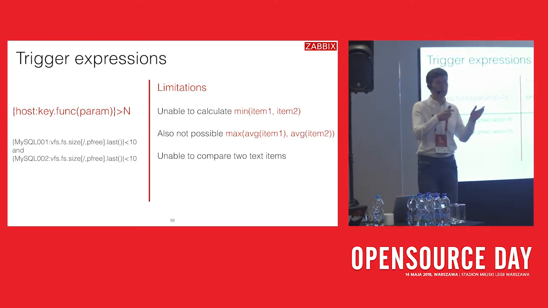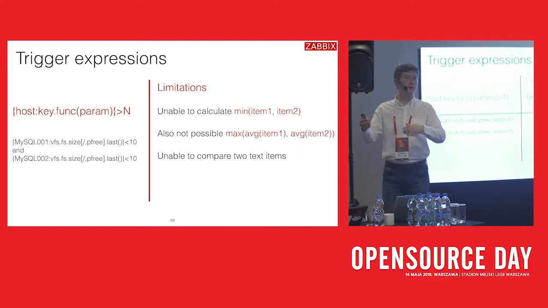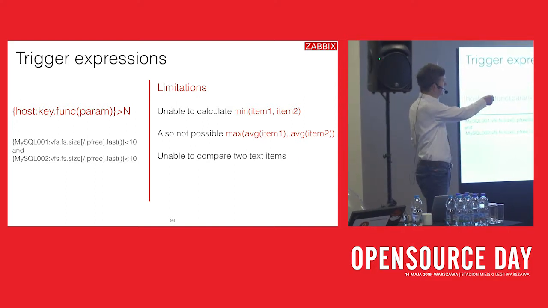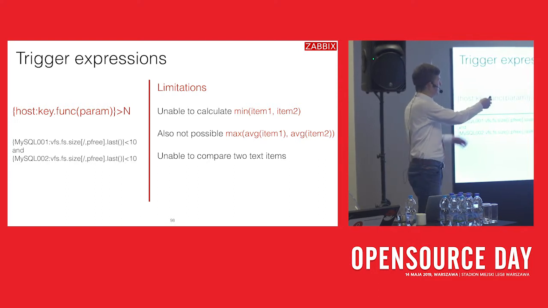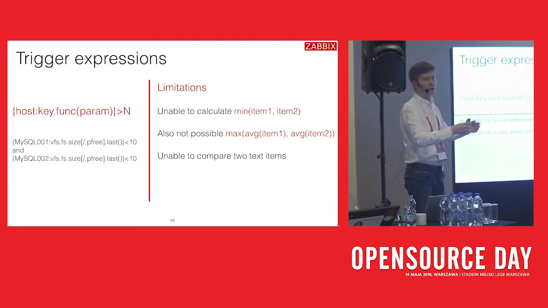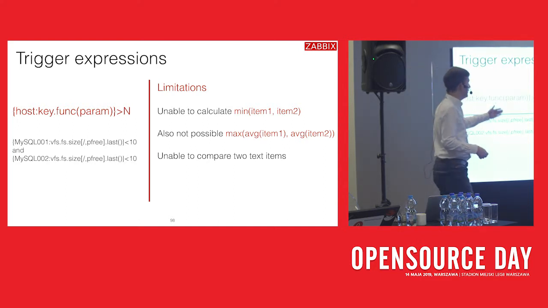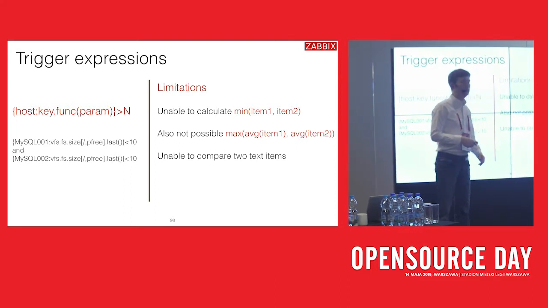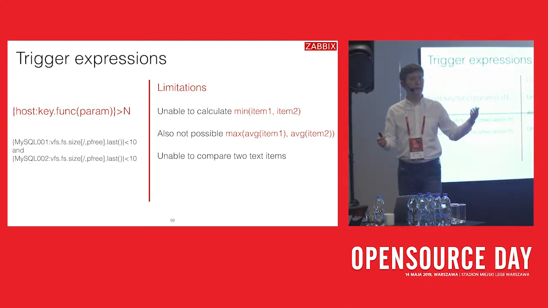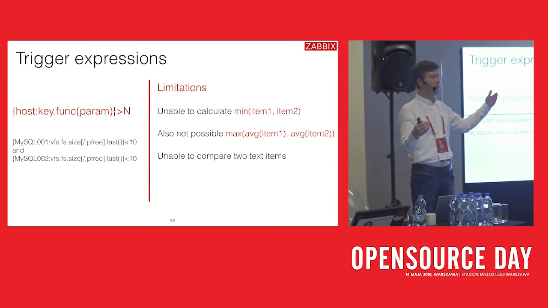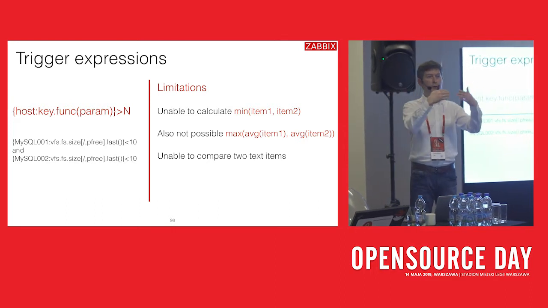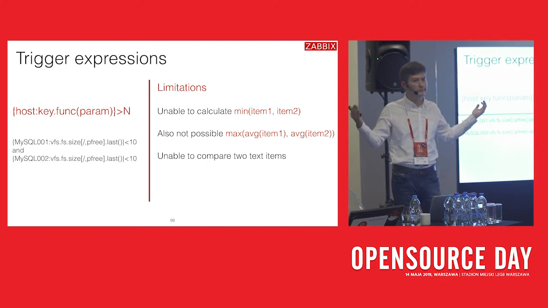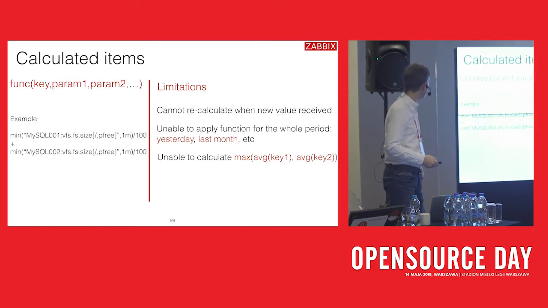But we cannot apply function on one metric and another metric. So minimum of item 1, item 2 is not supported. Like a minimum or maximum of function is also not supported. This is a very stupid thing. It's unable to compare 2 text items. We have one text metric, another text metric, and we cannot compare if they're equal or not. It's not supported at the moment.